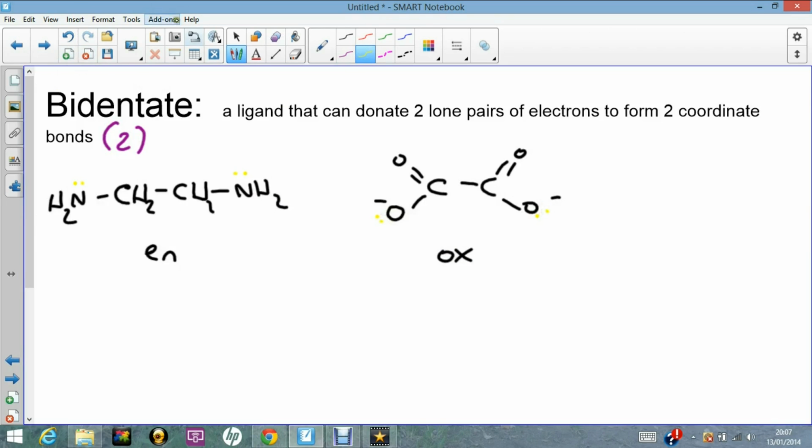Next we're going to look at how these 2 molecules bond to central metal ions. So we start off with, let's put nickel in the middle. Draw your octahedral bonds around the nickel. Make sure that your bonds go from the nickel to the nitrogen, and then fill in the bridge. That's 1.